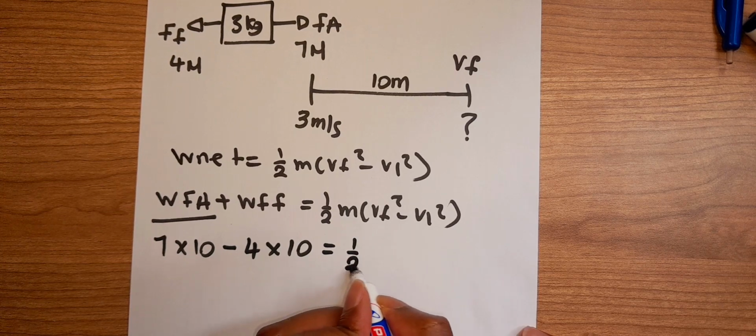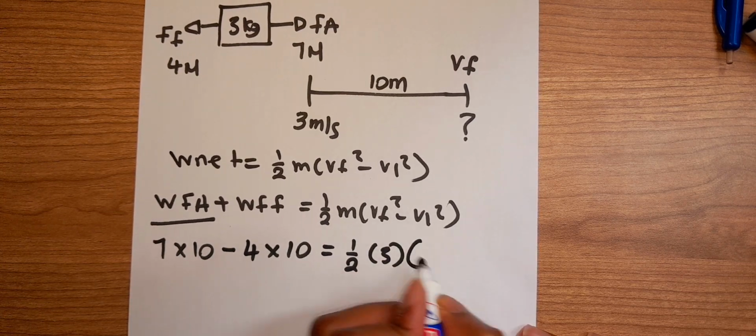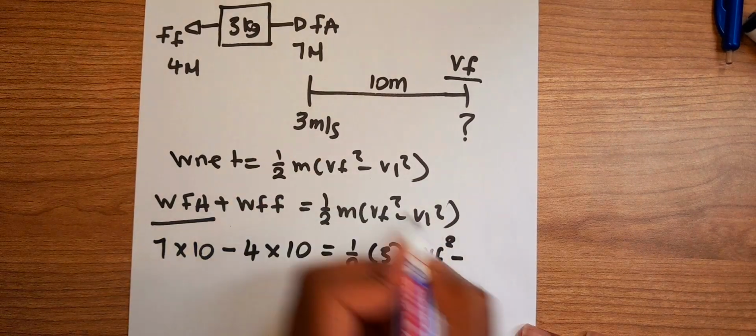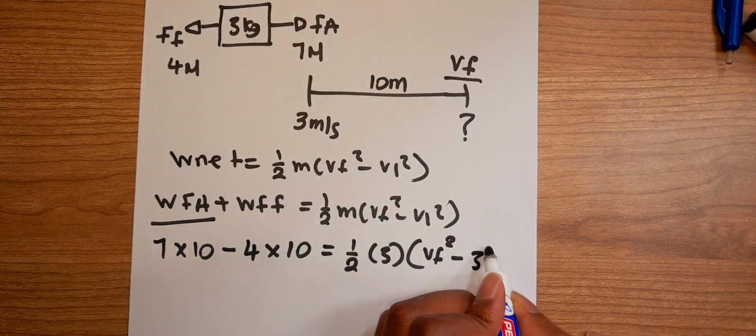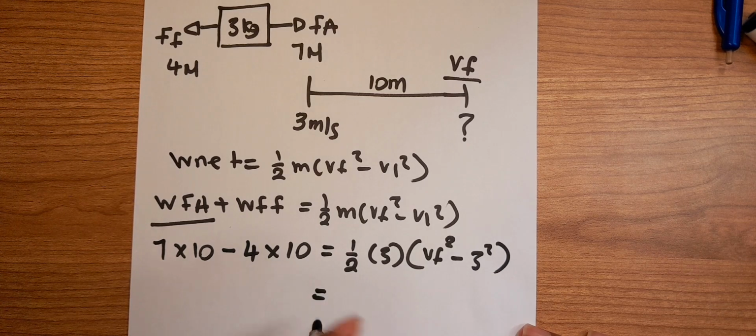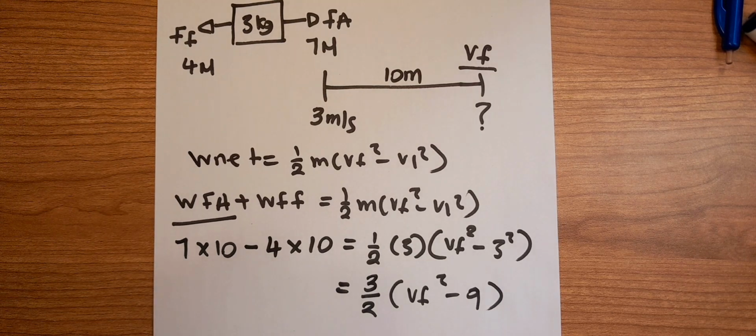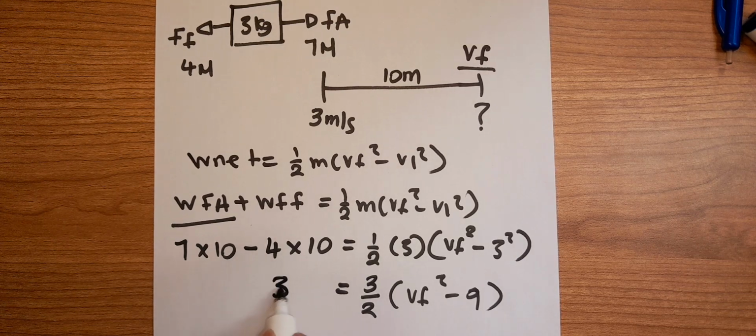This equals 1 over 2, the mass is 3, times v final squared minus v initial squared, and v initial squared is 3 squared. So let's hit this inside the calculator. I'm going to have 3 over 2 times v final squared minus 9. If I punch in 7 times 10 minus 4 times 10, that gives me 30.